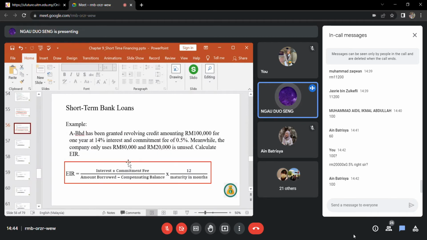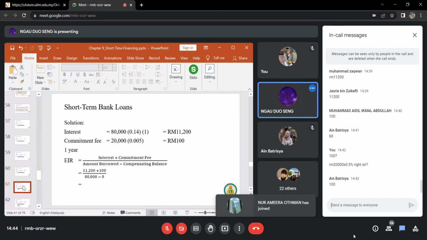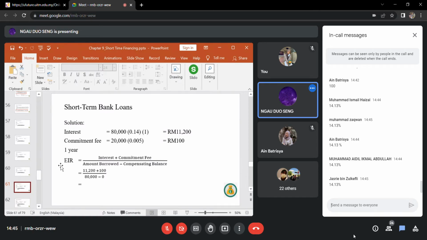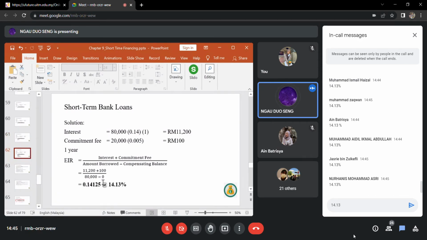Here they have no mention of compensating balance, so we assume zero. If the question never mentions it, then we assume zero. All right, so we have 14.13%.